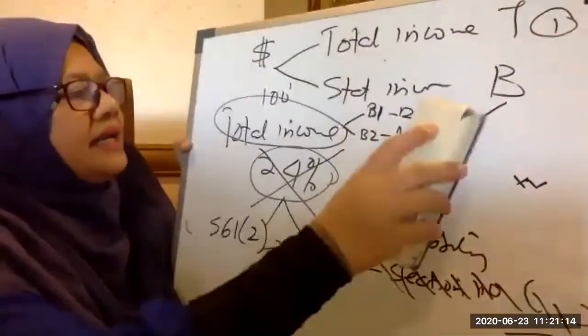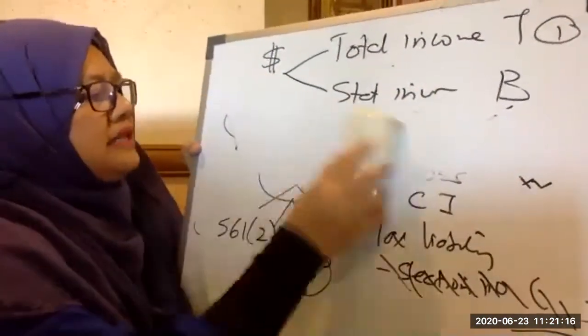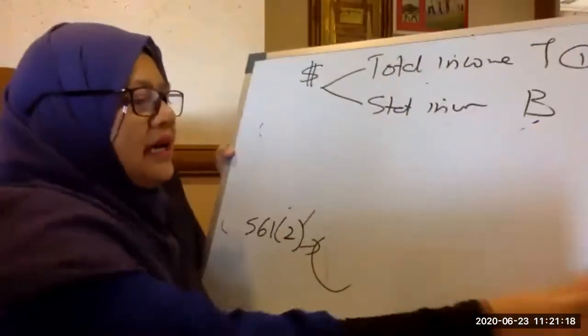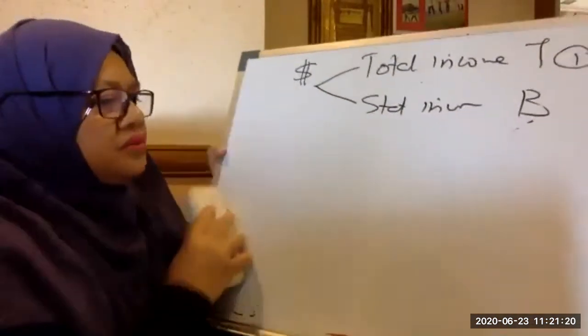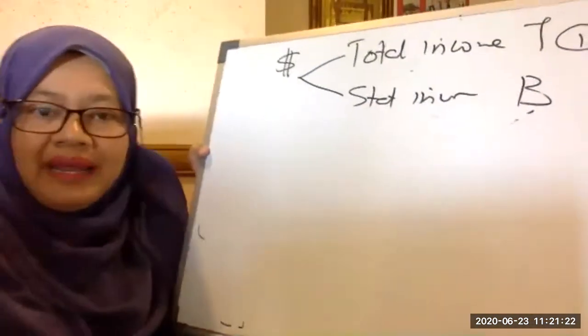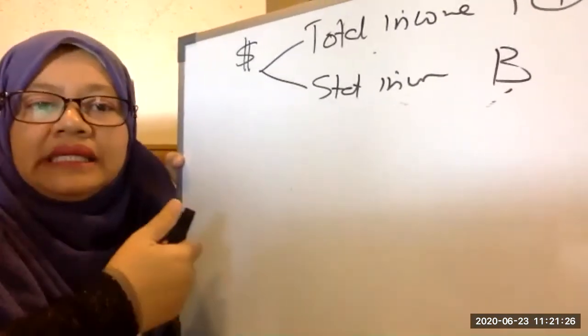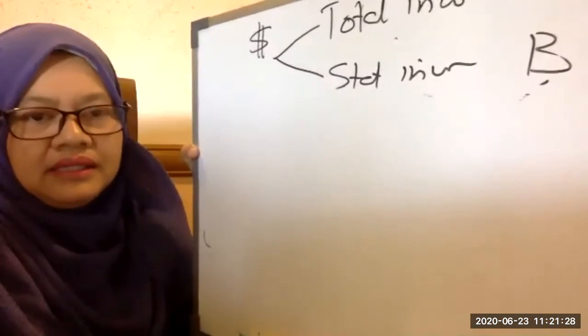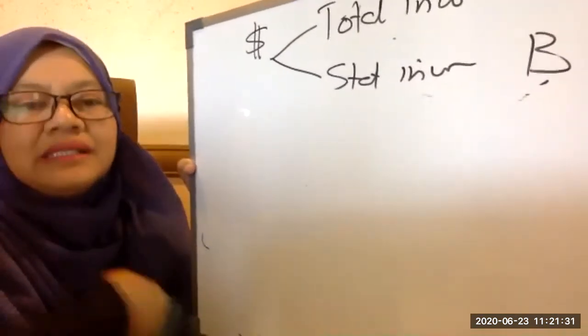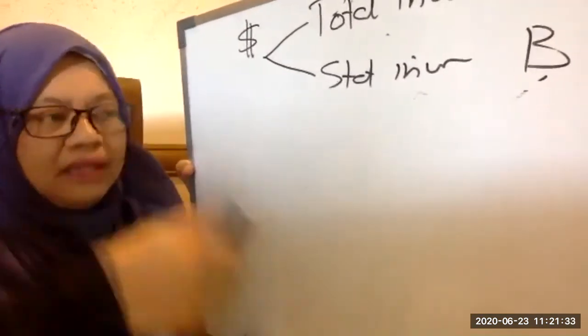Okay, the second part of the trust is actually looking at the statutory income of the beneficiaries. When we talk about statutory income, it is how much is actually to be taxed on the beneficiaries.